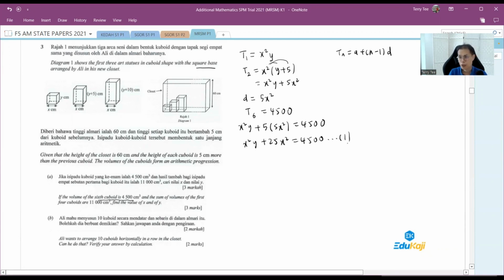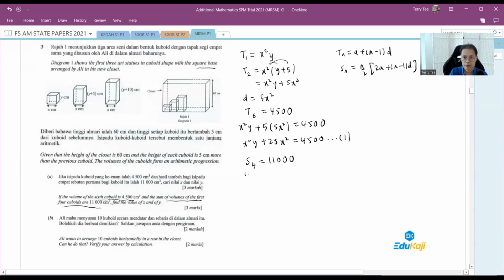Now I'm not sure what to do with it, so I'm going to leave it out. Now let's look at the second information. You're given that the sum of volume of the first 4 cuboids is 11,000. So sum of volume means S4 here, 11,000. And remember, the Sn formula for arithmetic progression is n over 2 times (2a plus (n minus 1)d).